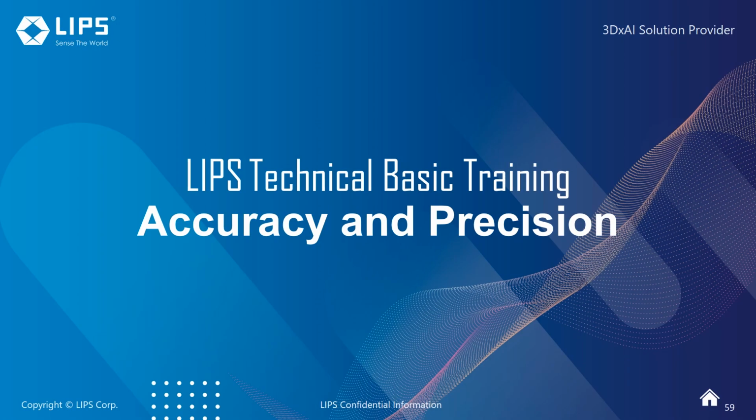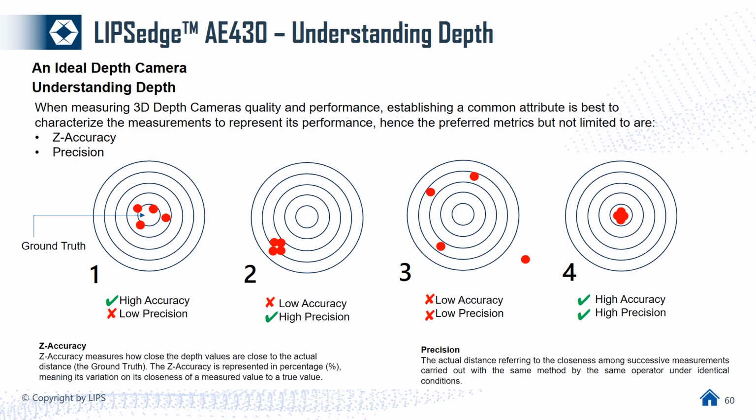In this section, we will talk about accuracy and precision. When measuring 3D depth cameras' quality and performance, establishing a common attribute is best to characterize the measurements to represent its performance, hence the preferred metrics, but not limited to, are Z-accuracy, usually mentioned as accuracy, and precision.